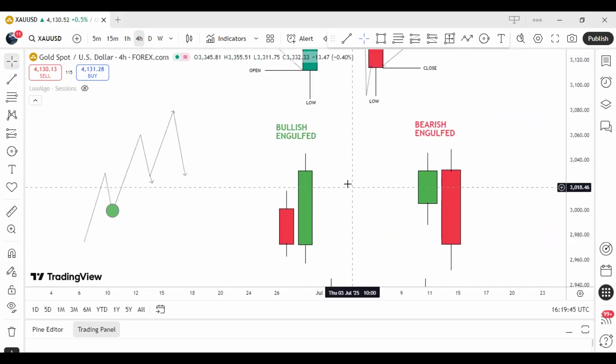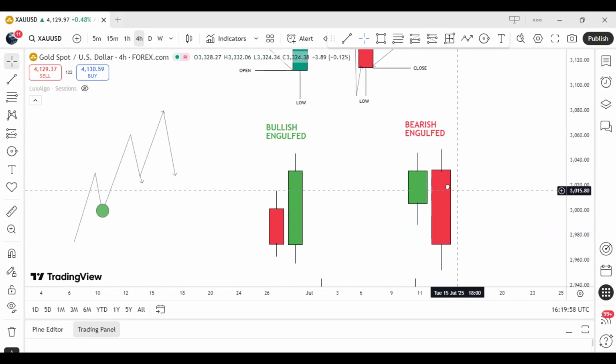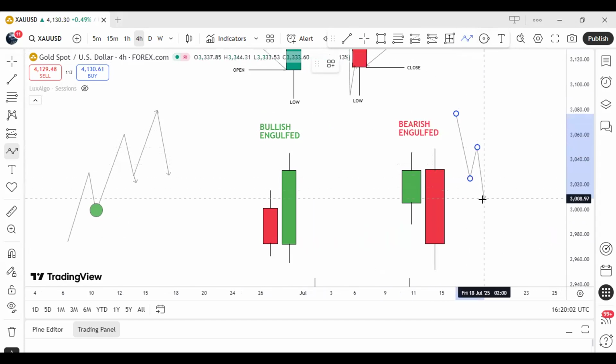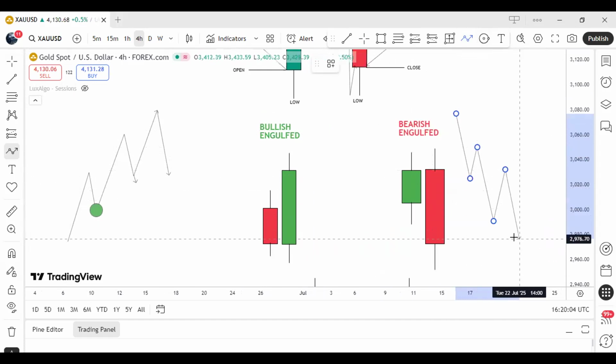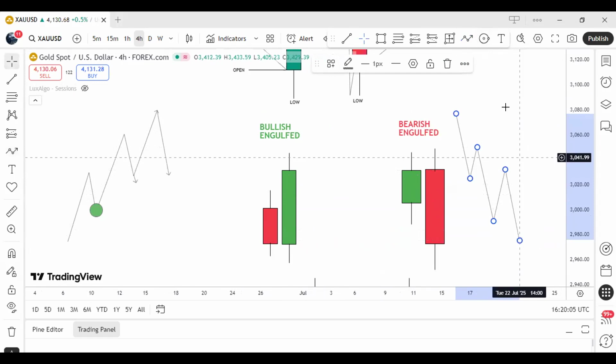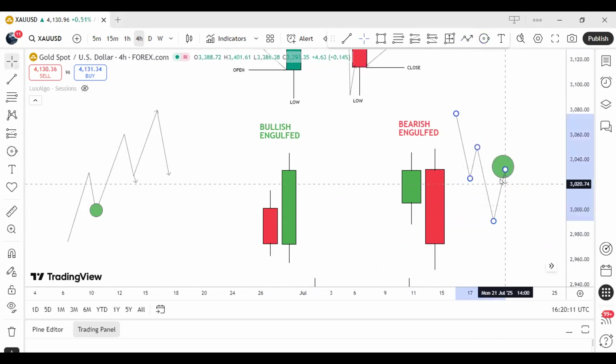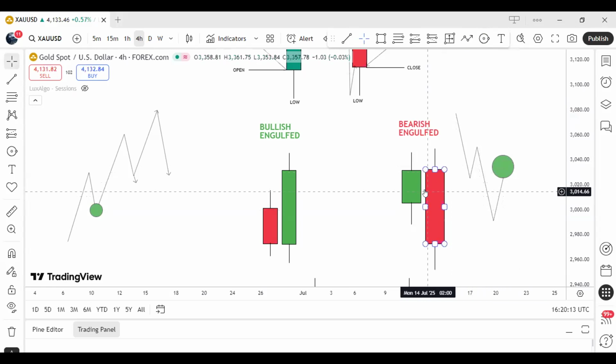Okay, the same goes for the bearish engulfing. It's a sell signal, right? That is, when price is pushing to the upside, how do we know when to enter the market after a pullback? That is where this bearish signal comes in. Let's say price is in a downtrend, then at this point here, let's say this second pullback, we got this bearish engulfing.